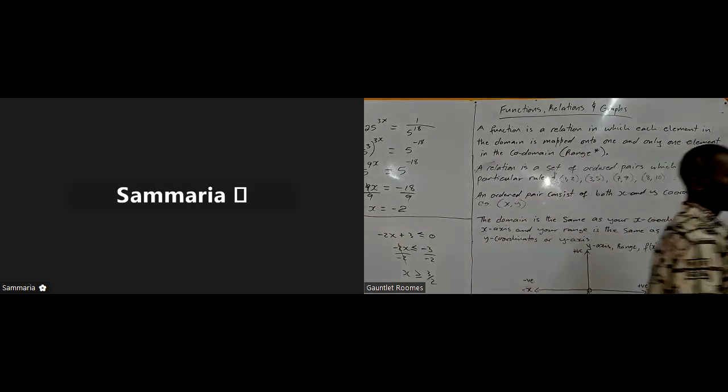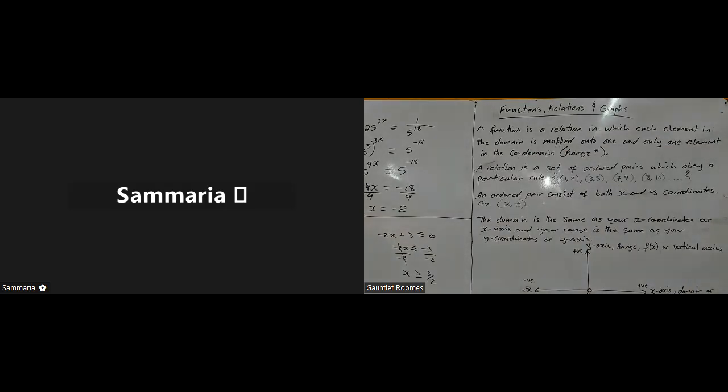And this now is called your Cartesian plane, or your x and y plane, where your x-axis goes across, your y-axis is vertical. Now these are different names used for your x-axis.